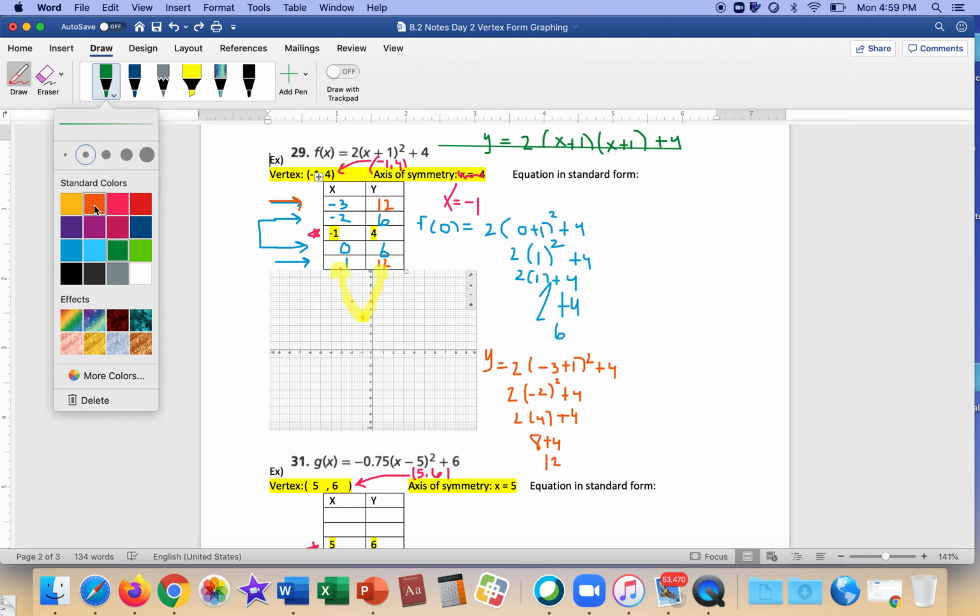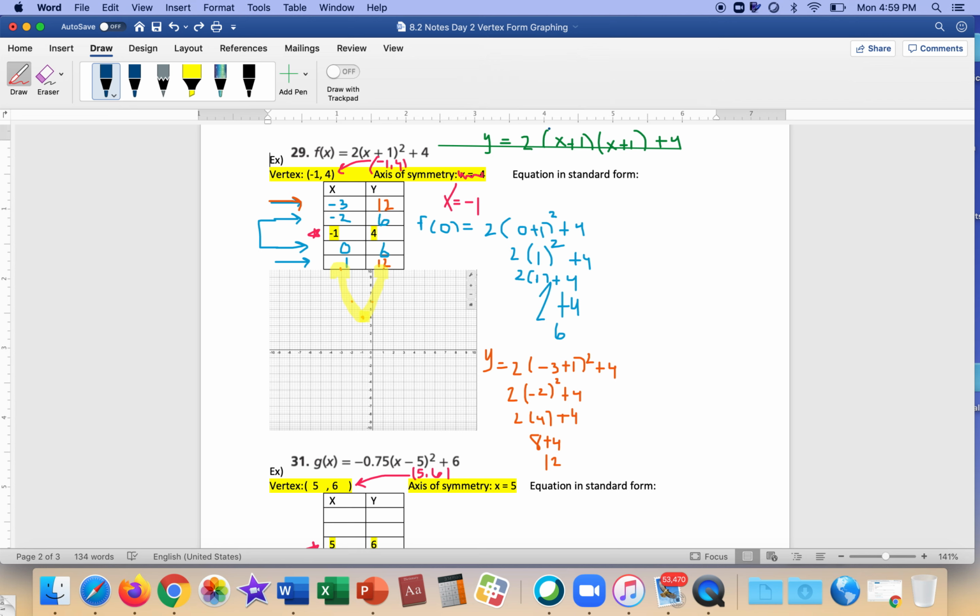Now I'm going to multiply x plus 1 times x plus 1. If you FOIL x plus 1 times x plus 1, you'll end up with x squared plus 2x plus 1.